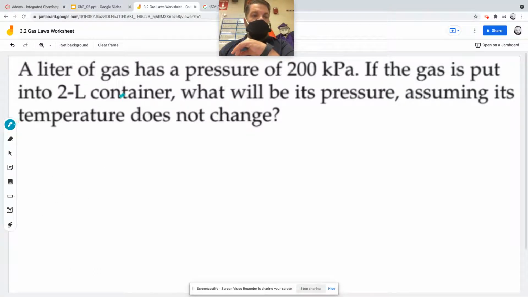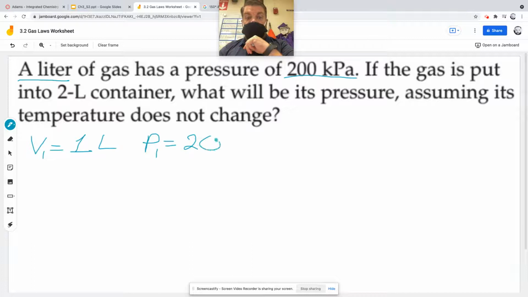Well, we're going to list what we know. We start off with an initial volume of 1 liter, so I'm going to say V sub 1 is equal to 1 liter. Okay? And then it has an initial pressure, so my pressure, P1, is equal to 200 kilopascals.